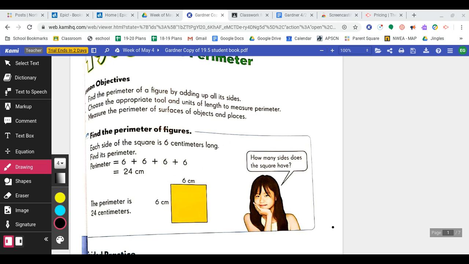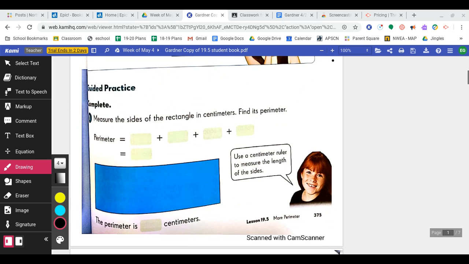So either one works. So we have a rectangle here, which will not have equal sides, and we're going to find its perimeter. Now, using a ruler, if you have one, you would be able to measure this rectangle to see the length in centimeters of each side.